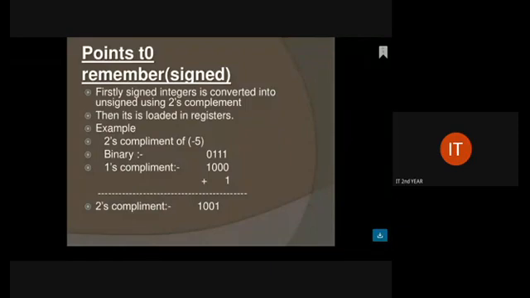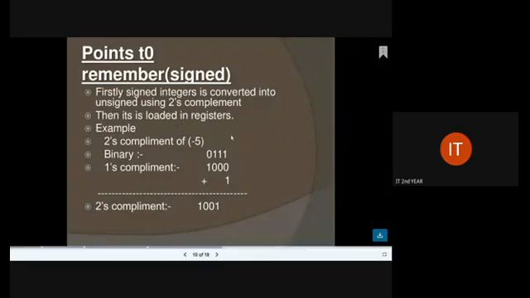Firstly we take the binary value of 5, 0101. To convert this 5 into minus 5, we first convert it into its 1's complement, and after that we add 1 to make it the 2's complement.